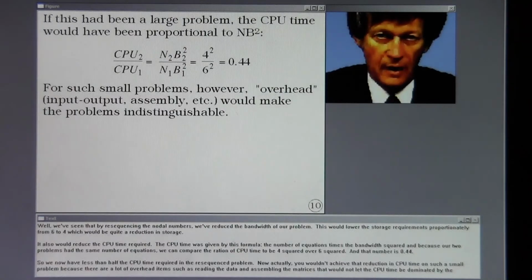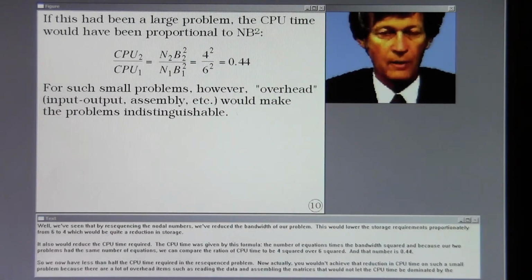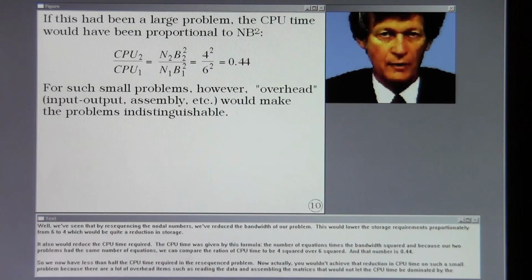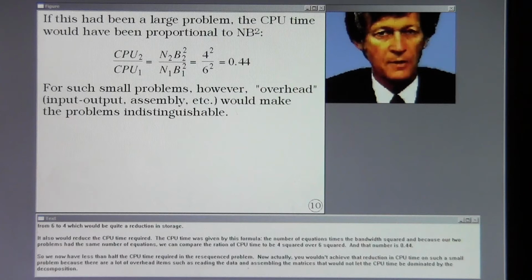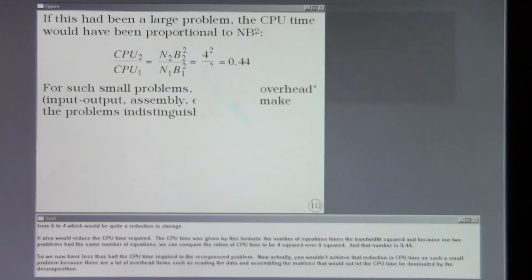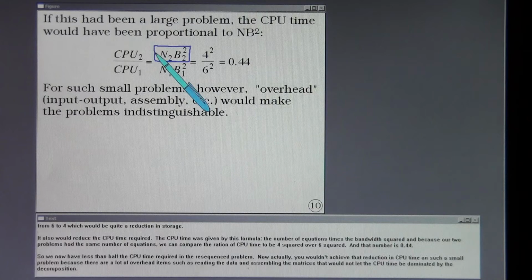Well, we've seen that by resequencing the nodal numbers, we've reduced the bandwidth of our problem. This would lower the storage requirements proportionately from 6 to 4, which would be quite a reduction in storage. It also would reduce the CPU time required. The CPU time was given by this formula, the number of equations times the bandwidth squared.